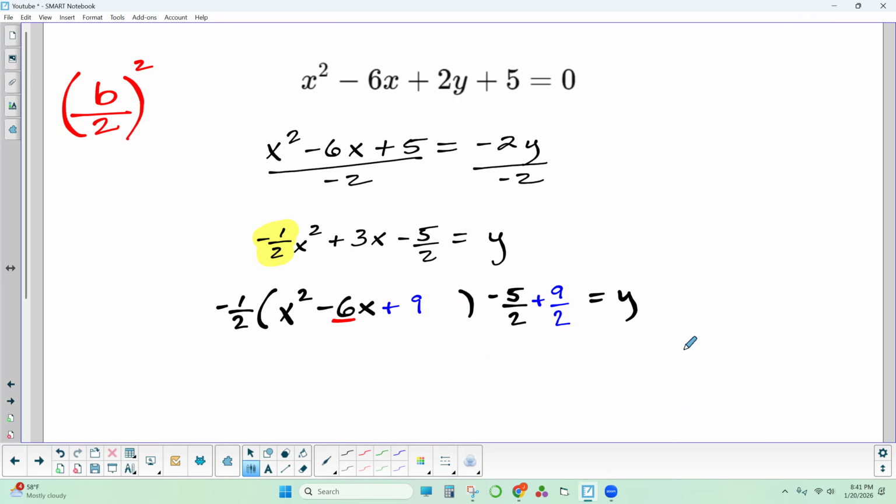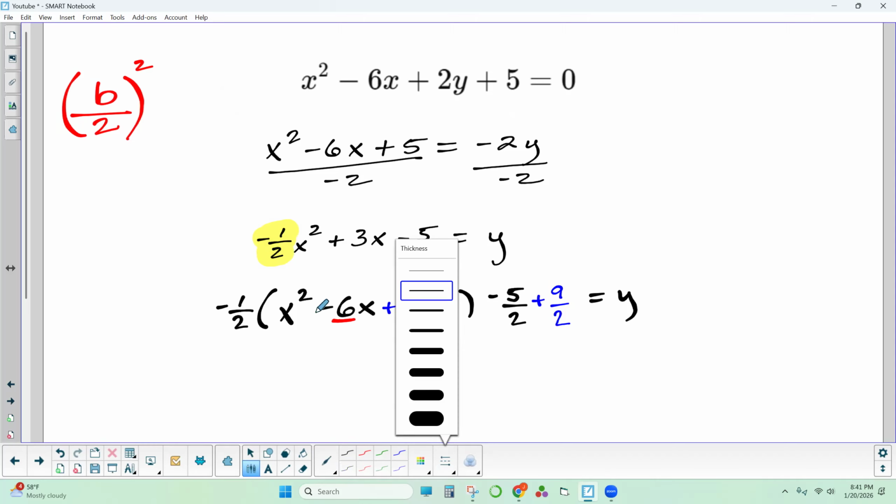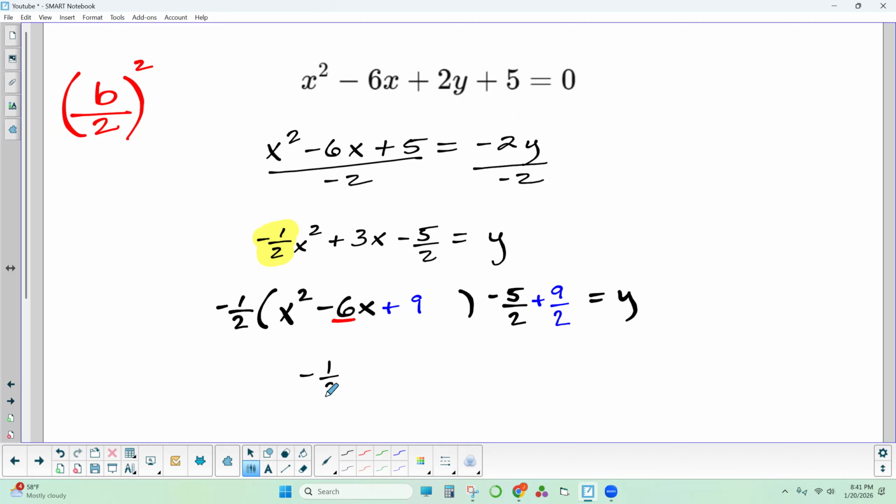All right, so now I'm ready to simplify this and write vertex form. I'm going to bring down our a value, negative 1 half. What we've built here is a perfect square trinomial, so I'm going to factor that to x minus 3 squared. I'm going to combine like terms over here.